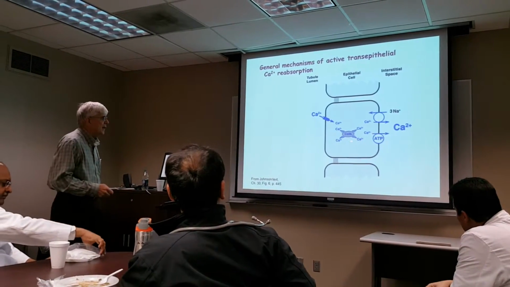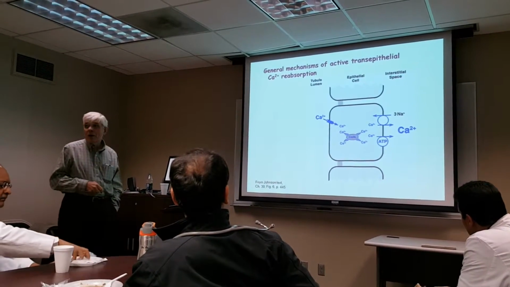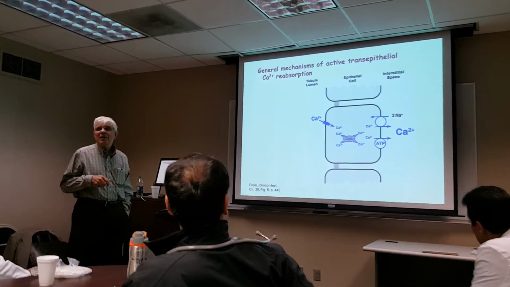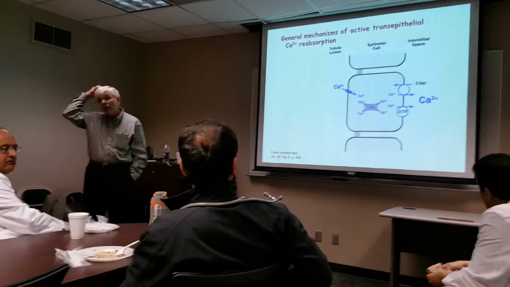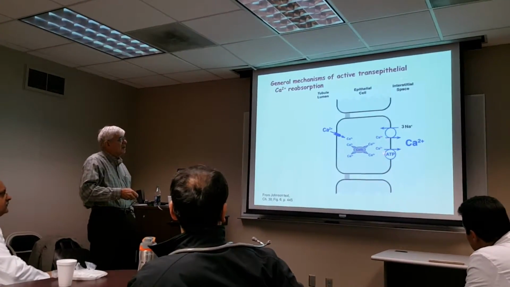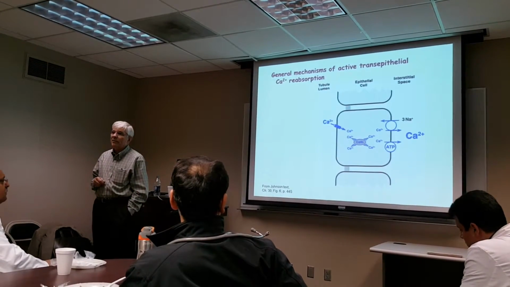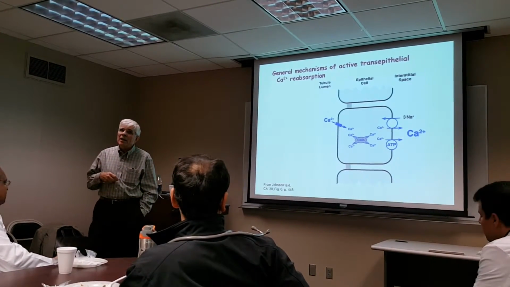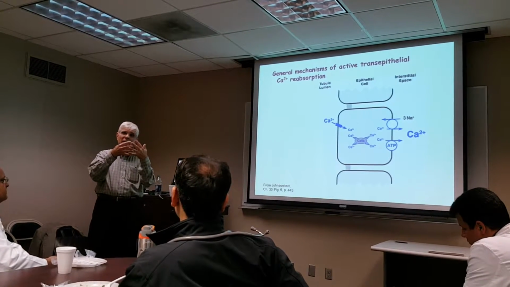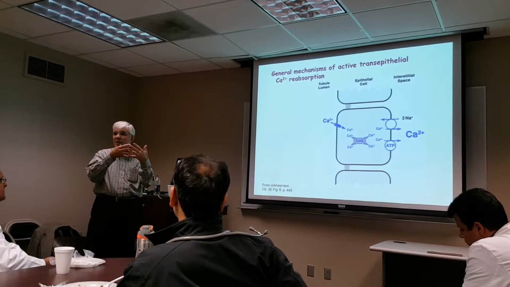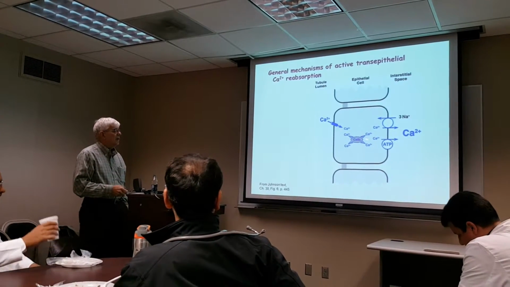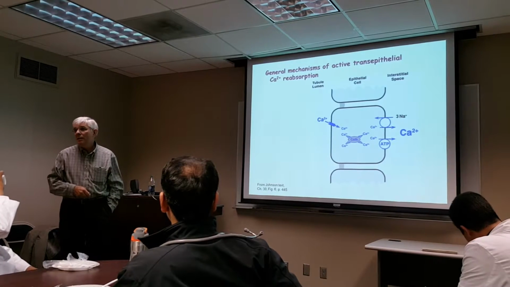Now, in order to get these mechanisms to work, remembering that the intracellular calcium concentration is very low, you've got to have some way to get the calcium to these calcium binding sites on the active transporters. And it turns out that's very dependent on a network of organized cytoskeleton that binds a calcium binding protein called calbindin.